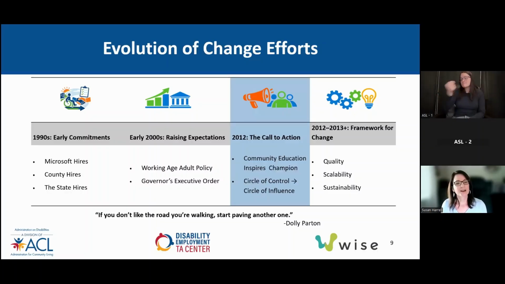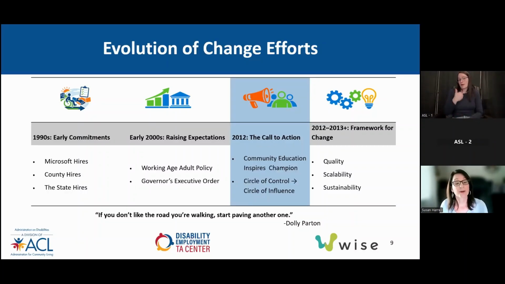And at the same time, we saw some policy development in the early 2000s where there were expectations that began to be developed around employment in government, the government's role in influencing that within community. It started with a working age adult policy, as well as a governor's executive order around diversity in hiring and including people with significant disabilities in those efforts.